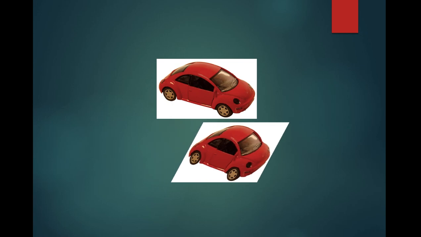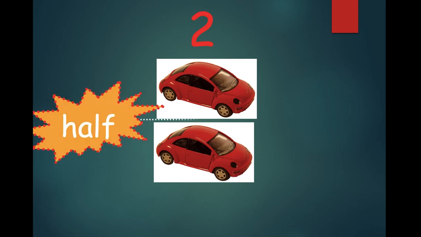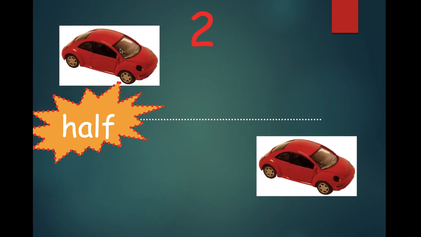Now let's see another example. We have 2 cars. Can you divide these 2 cars equally? Well done. We have divided this equally. So we have half of 2 is 1.